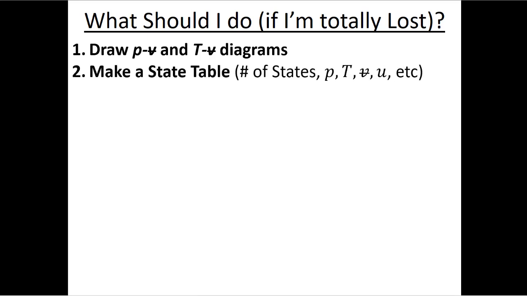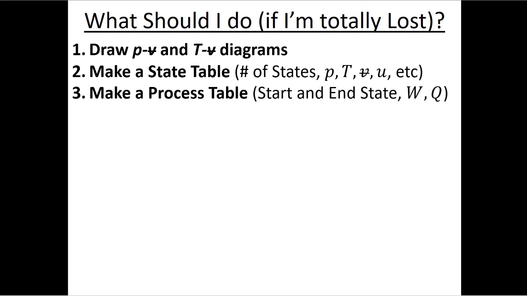So I think making a state table is a good idea whenever you have a problem that has multiple states, because it's just a one-stop shop, an easy place for you to find the information that you're looking for. If you want, you can also make a process table where for each process, you'll calculate and write down the work and heat transfer that's associated with that process.